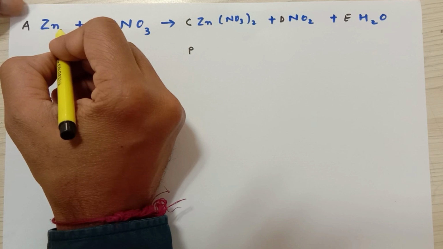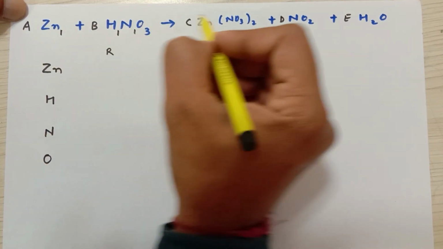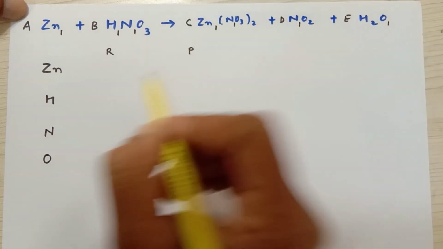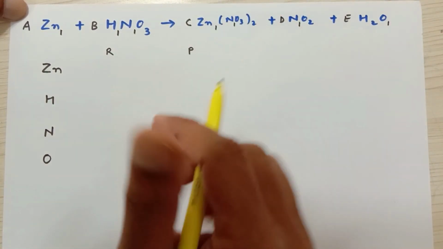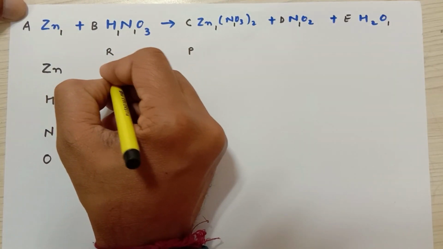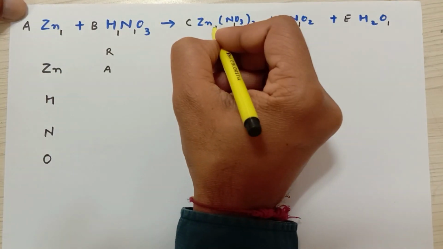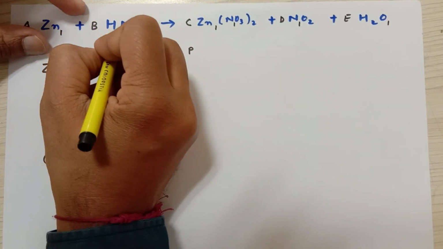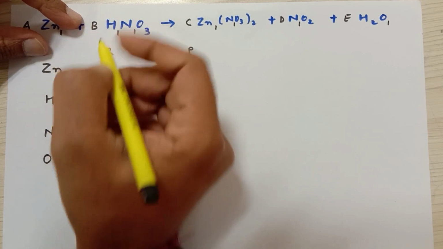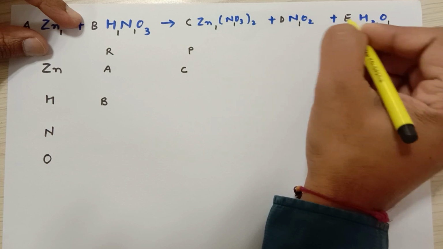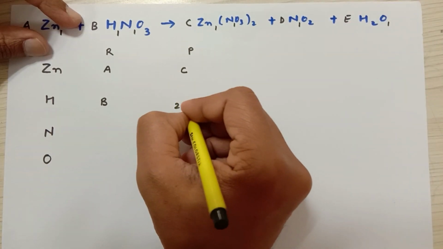Now I have one atom of zinc here, 1 here, 1 inside here, and 1 here. Since there is a bracket, you need to be a bit careful. So 1 into A is A. So there are A atoms of zinc on this side. Now here it is 1 into C, so it is C. Now over here hydrogen is 1 into B, that is B. Here hydrogen is 2 into E, that is 2E.